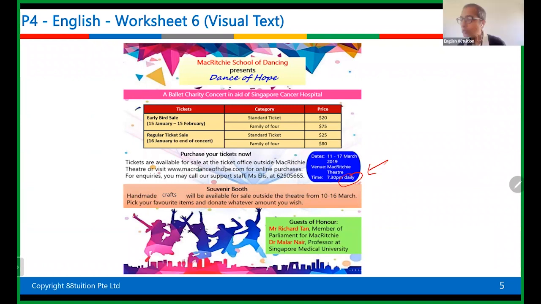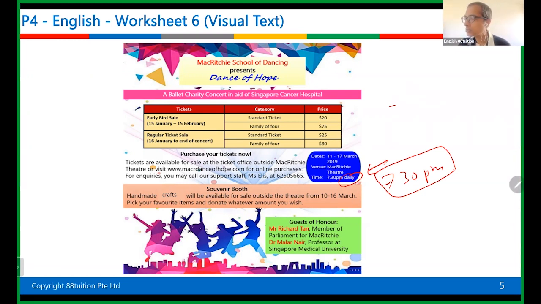But is it two times? Is it given in the information there? No. They never say there'll be two. The concert is about two performances, but there's no two performances. It's only the 7:30 performance. If there are two performances, there'll be two times.